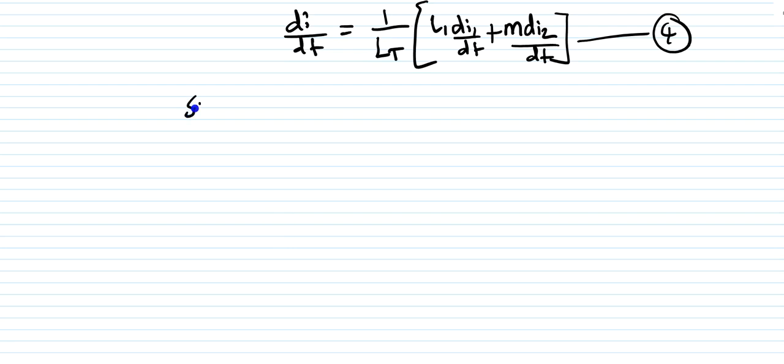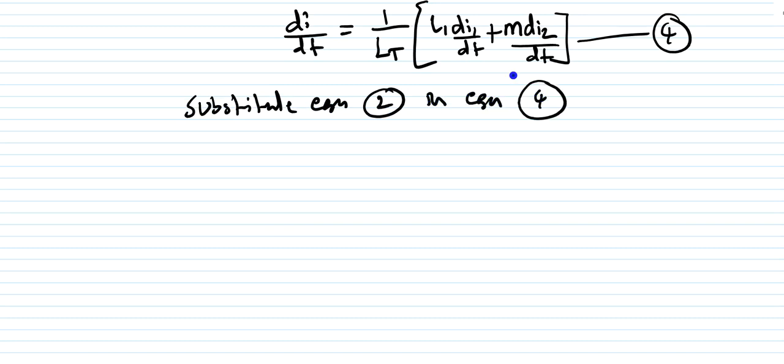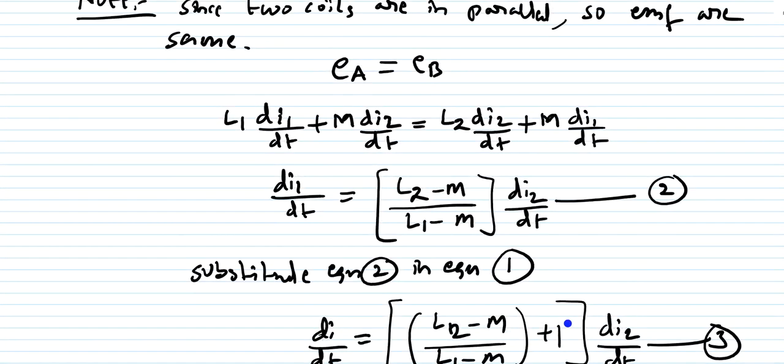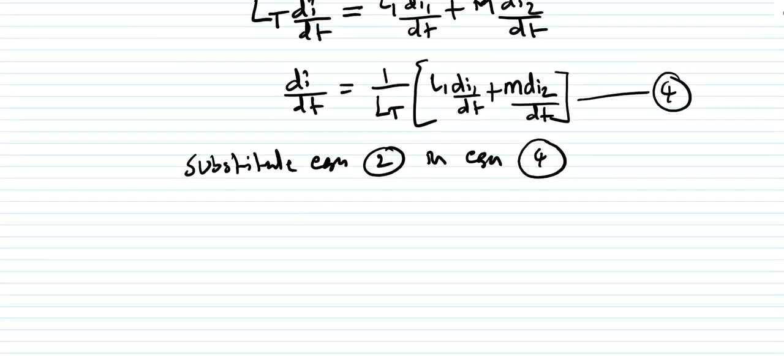Now substitute equation 2 in equation 4. This is what you have to do here now. This is equation 4, and this is equation 2. Substitute equation 2 in equation 4 instead of di1 by dt.